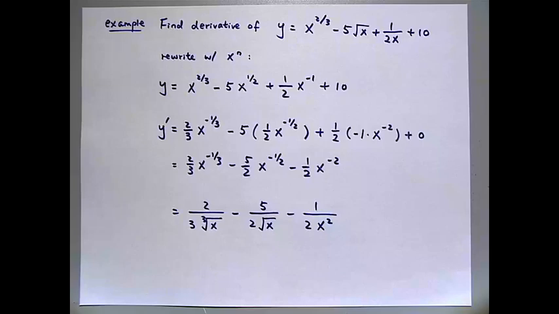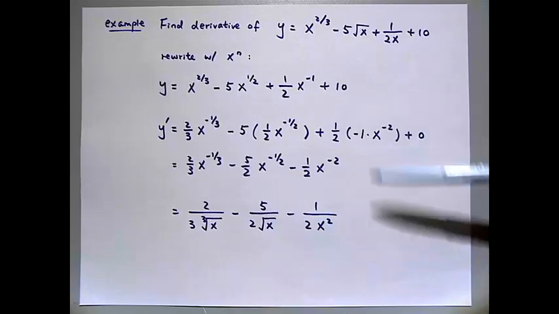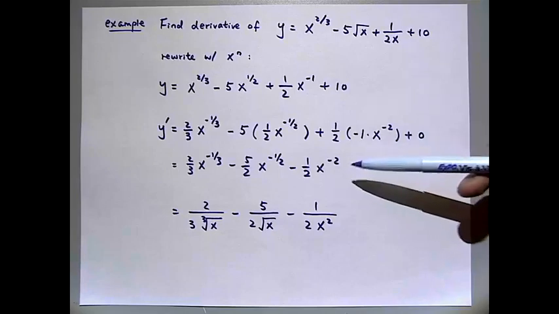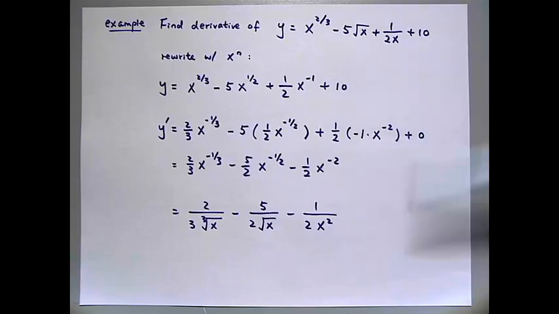As far as I know, WebAssign doesn't care which of these two forms you put in. But you need to be aware that you could also choose to write it this way and vice versa.